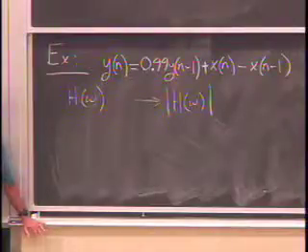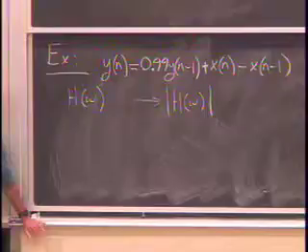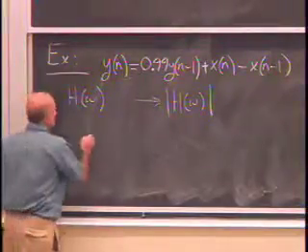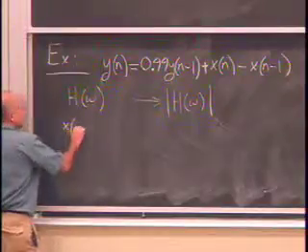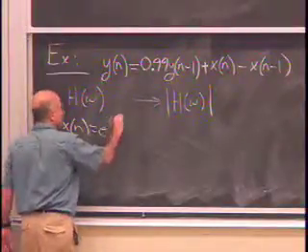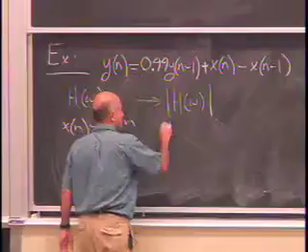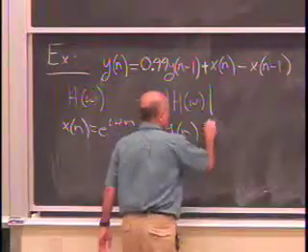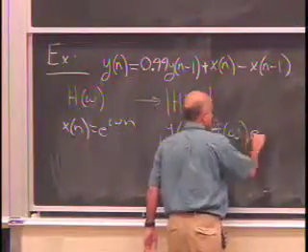How are we doing with the frequency response? Go for it. So you first substitute in x of n equals e to the I omega n and y of n equals h of omega times e to the I omega n. Yep, we use our standard procedure.